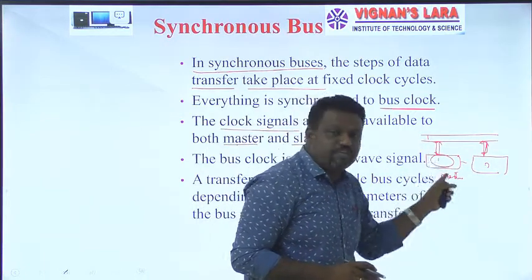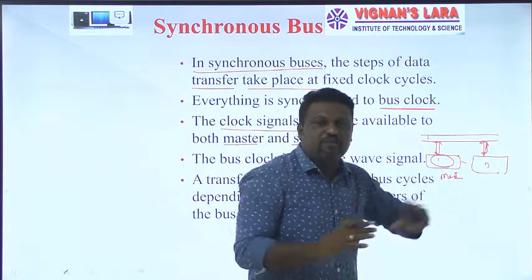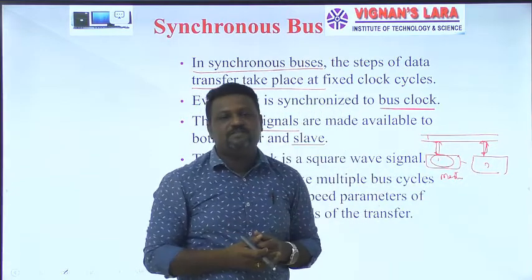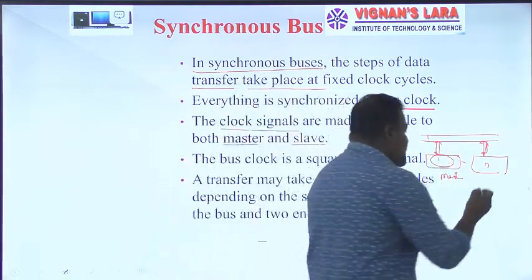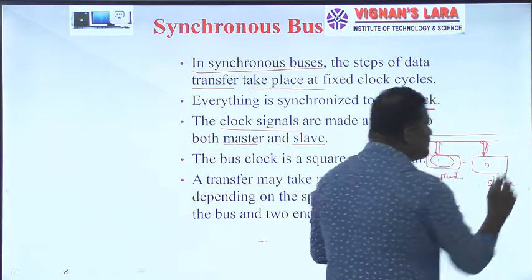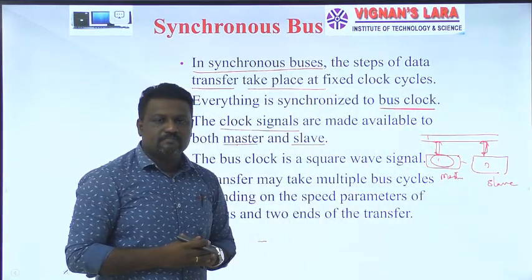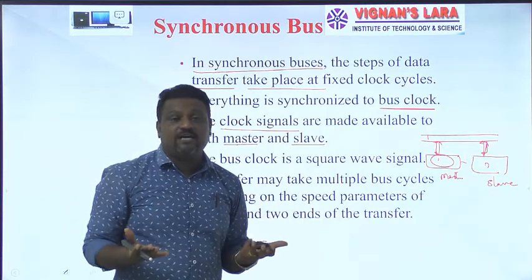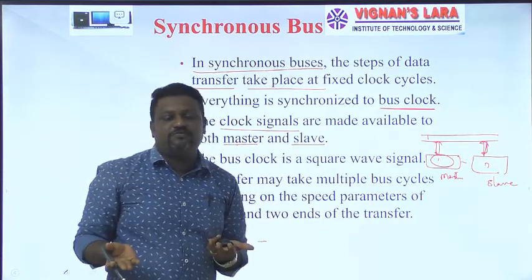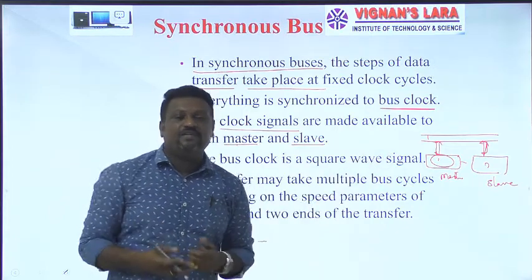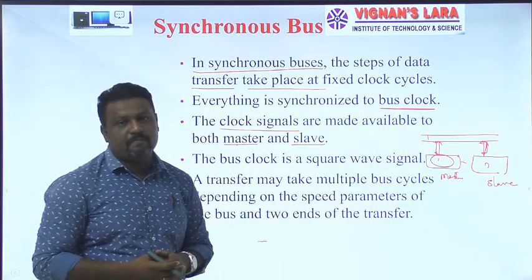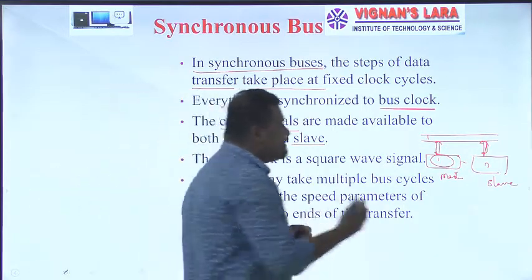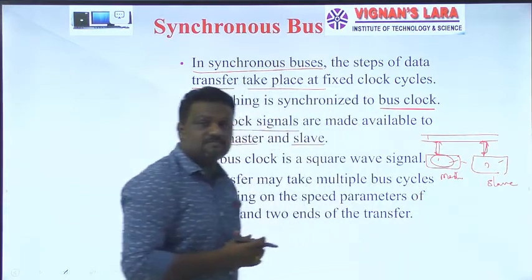That means device 1 targets device N for the purpose of either transferring something to device N or receiving something from device N. In that case, device N is treated as the slave. The device which initiates a data transfer acts as the master, and the device which responds to the communication of the initiator or master we consider as the slave. So the clock pulse or clock signal is made available to both of them.